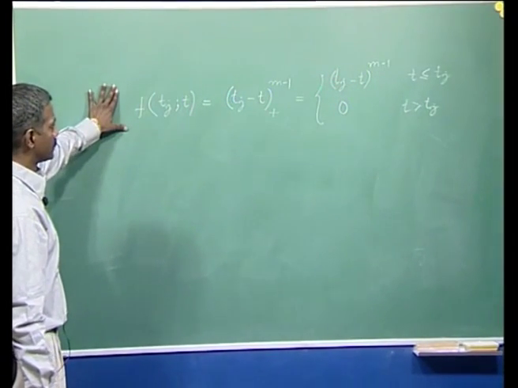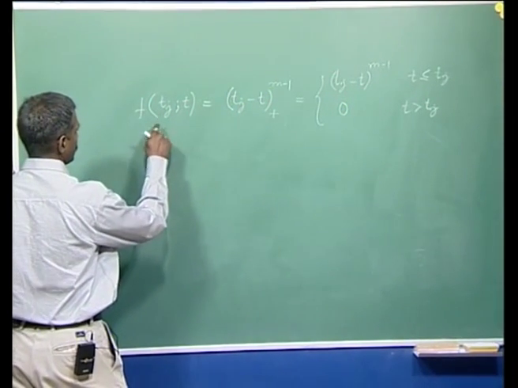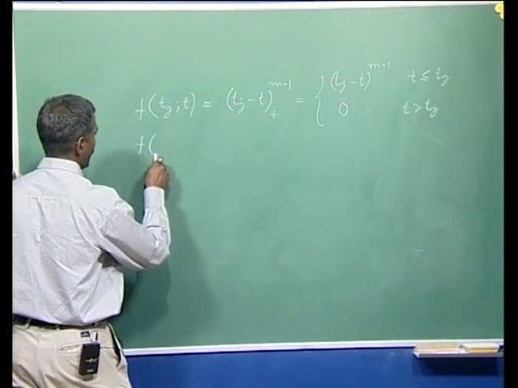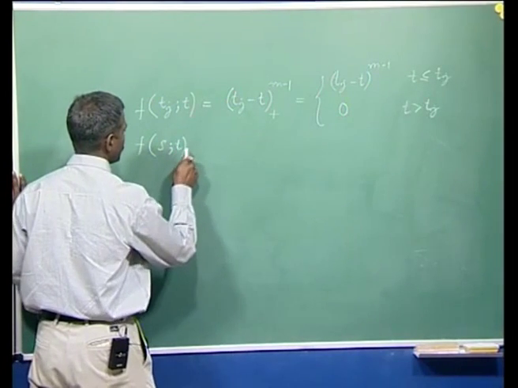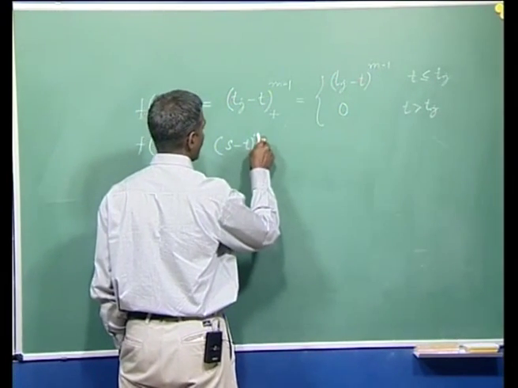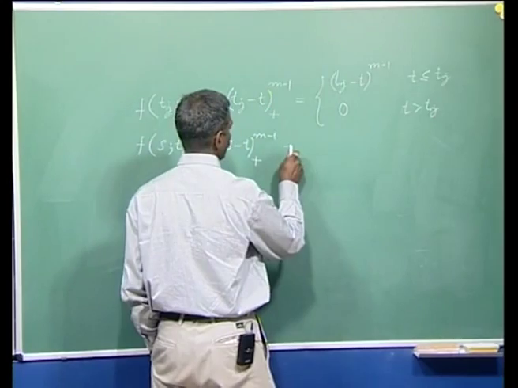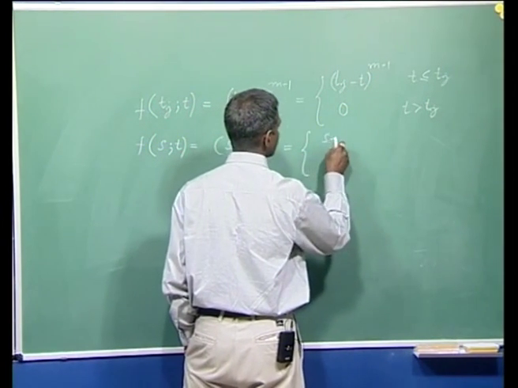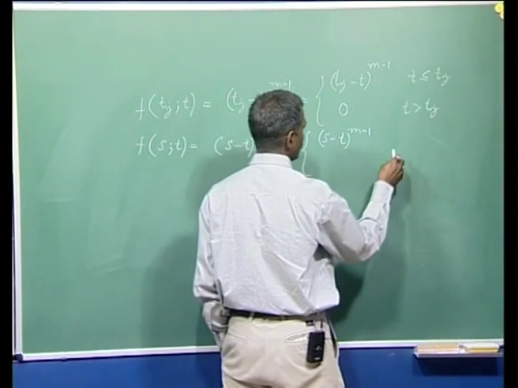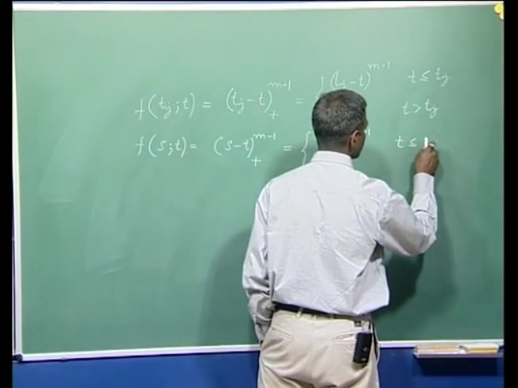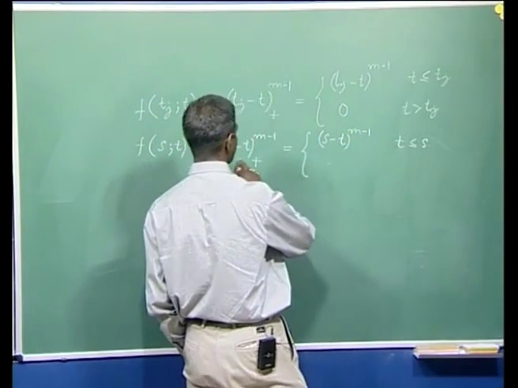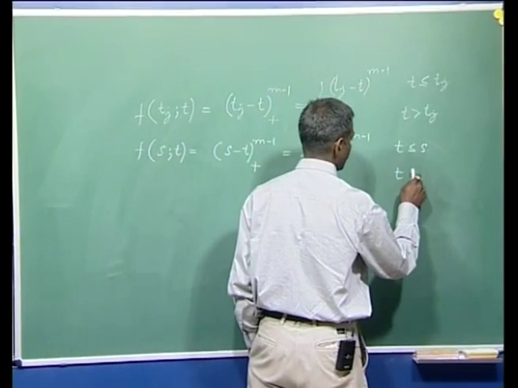Let me generalize this expression. Let me introduce another parameter called s. f(s : t) equals (s minus t) truncated m minus 1, which is going to be equal to (s minus t) raised to m minus 1 if this number here is positive, that would mean that if t is smaller than or equal to s, and this function is 0 if t is greater than s.